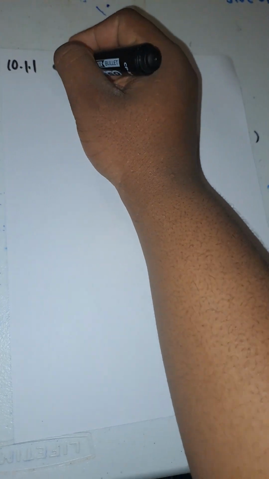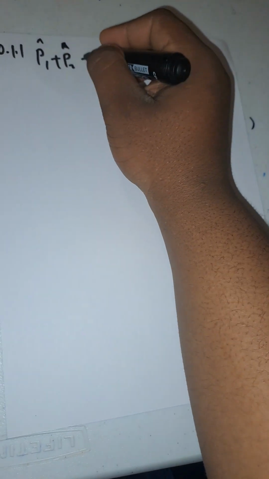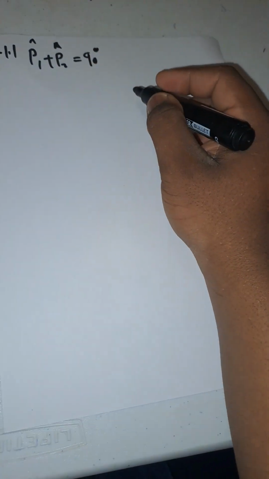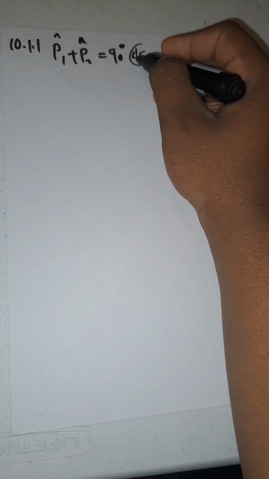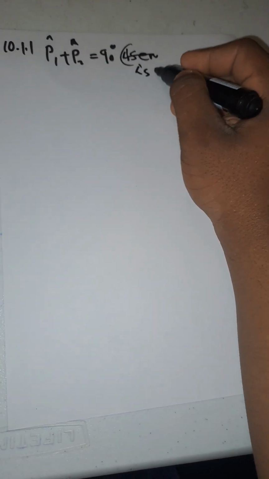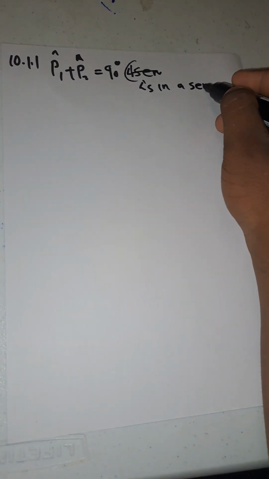The first thing you have to do is start by saying this is 10.1.1. You can see angle P1 plus angle P2 is equal to 90 degrees. What is the reason? Angles in a semicircle.